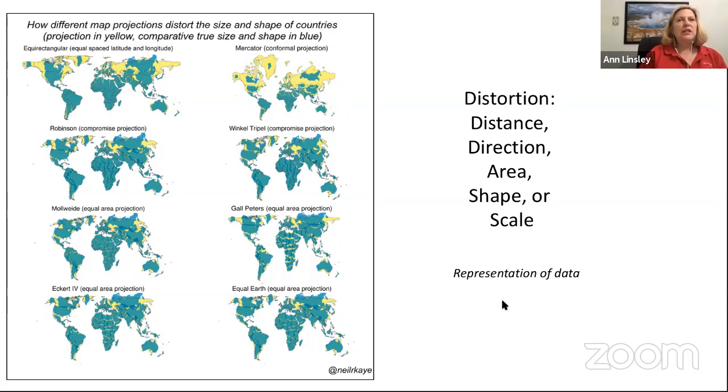But if you are just depicting data, particularly human data, and you're not using it for measurements, if you remember that there are issues of distortion and you're just looking for patterns of data, the distortion is not going to interfere too much with your interpretation. But you do need to recognize that maps have this distortion, which does alter our complete understanding of the true representation of that particular place on the planet.